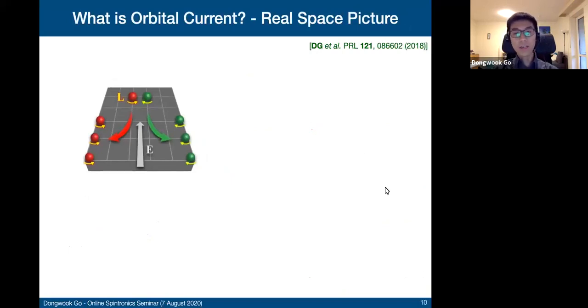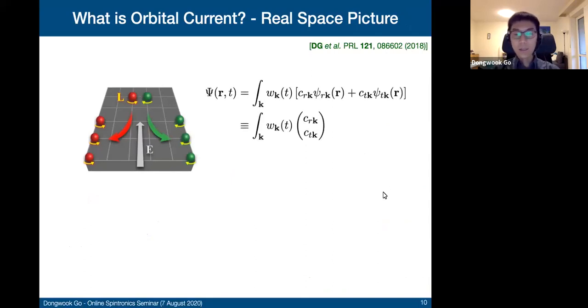To understand what orbital current is in real space, it's very useful to consider a wave packet. With some weight function for each K point, we can consider a wave packet formed out of this superposition between radial and tangential type Bloch states. And the ratio is determined by where we are in K space and also depends on the electric field.